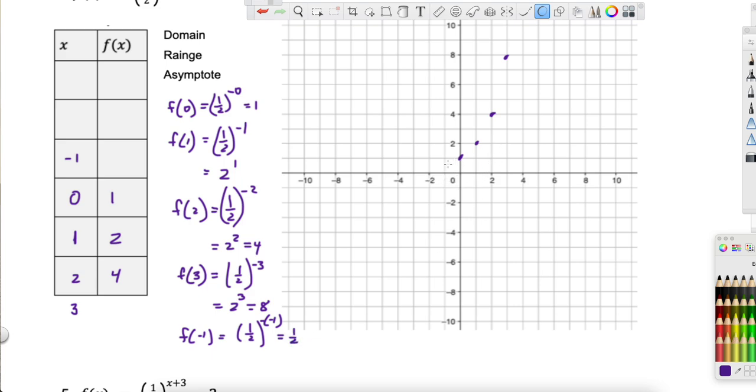So -1, 1/2. And I hope you see what happens with the negative 2. It's going to be a quarter, right? A negative of a negative 2 becomes positive. 1/2 to the squared is a quarter. So -2, a quarter.